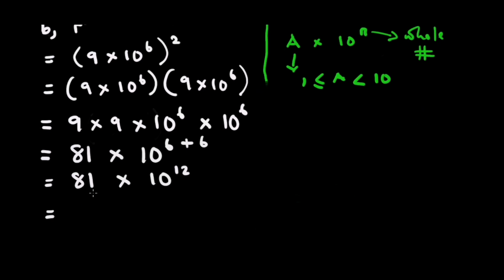The decimal point moves from the right to the left, so our power is positive. Therefore, it's 8,1 times 10 to the power 1 times 10 to the power 12.